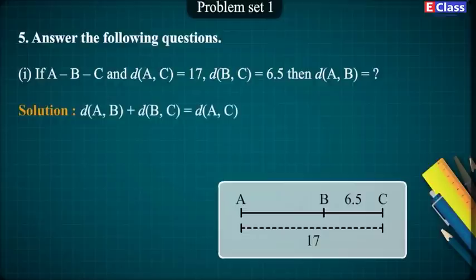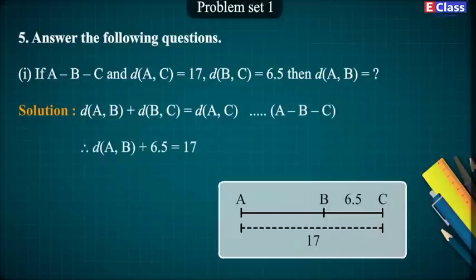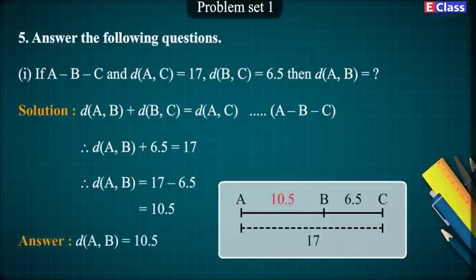Distance of AB plus distance of BC is equal to distance of AC, as A, B and C are collinear. Therefore, AB plus 6.5 is equal to 17. Therefore, distance of AB is equal to 17 minus 6.5, which is equal to 10.5. Answer. Distance of AB is equal to 10.5.